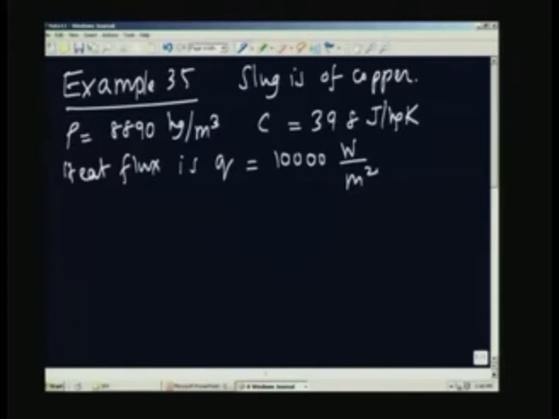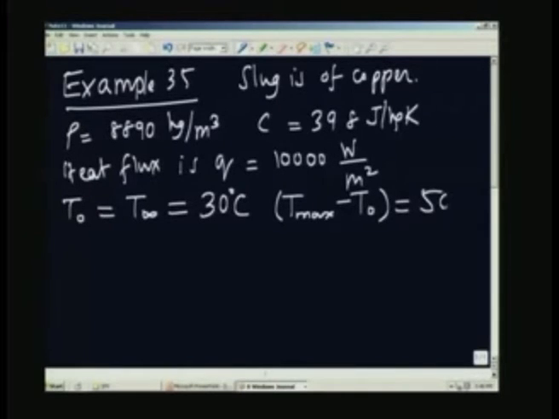This is specified in the problem, and the initial temperature T naught is the same as the casing temperature, which we will take as 30 degrees Celsius, and the T max minus T naught, the rise in temperature, is given as 50 degrees. So, the difference in temperature between the slug at the maximum value of the temperature minus the initial value is given as 50 degrees.